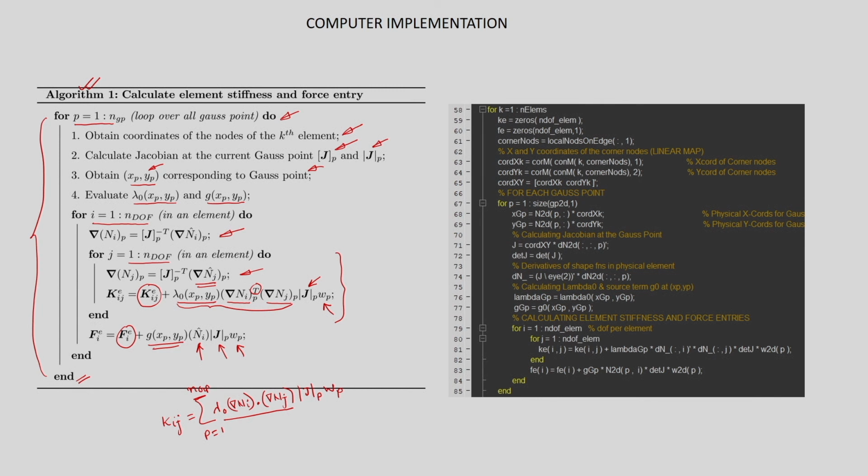Now, let us look at the corresponding part in the computer program that has been written in MATLAB. If you look at the right hand side in this figure, we are first ensuring all the entries in the element stiffness matrix and the element force vector are 0.